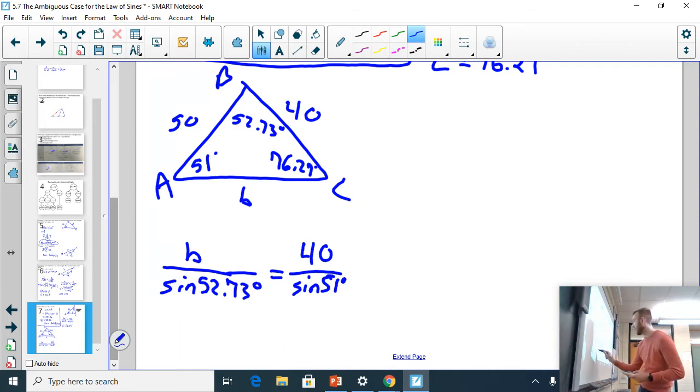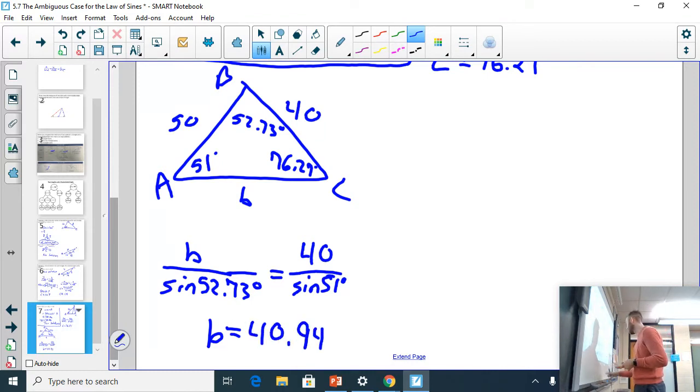Then we multiply that sine of 52.73 degrees over. And when we do that, we're going to get that b is 40.94. Not degrees, b is the side length.